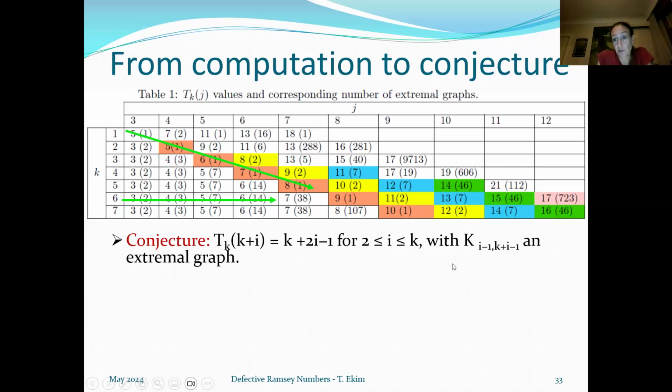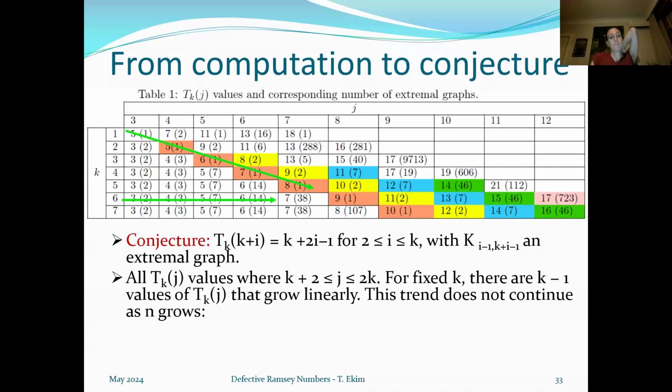And we can also see that the complete bipartite graph with i minus 1 vertices on one side and k plus i minus 1 on the other side is an extremal graph every time. Now, this is quite interesting because if you fix k, look at k equals 6, so this yellow arrow here, starting from the diagonal, k is fixed.